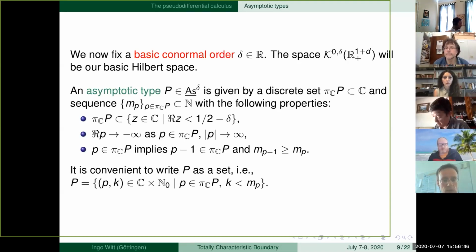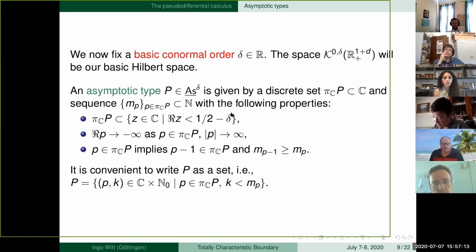Now I should tell you what an asymptotic type is. Basically, this collects the information on the p's and the k's in the asymptotic expansions. I'm not going to say exactly what an asymptotic type is, but it's given by a discrete subset of the complex numbers contained in a left half space.